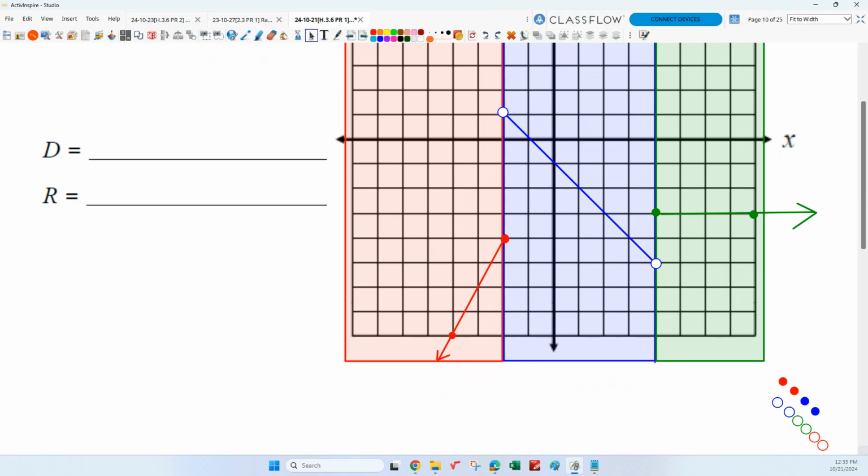When x is less than negative 2, the ant's walking on the red piece. When he gets to negative 2, he's standing on that point. The next step he takes beams him up to the blue piece, and he's walking down the blue piece. When he gets to positive 4, he gets beamed up to the green piece and travels along the green function forever. So the domain for this one is just all reals, isn't it? Okay.